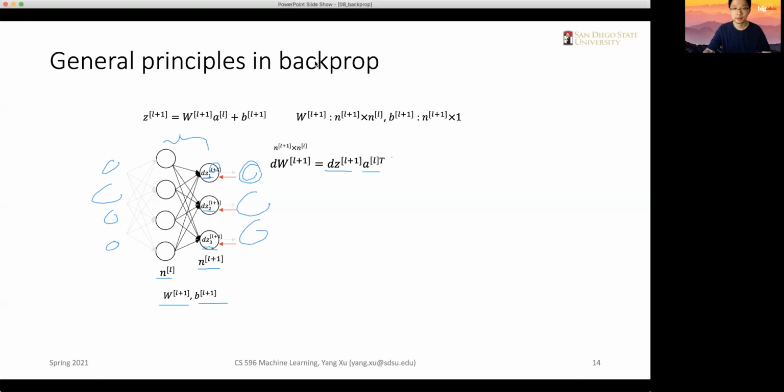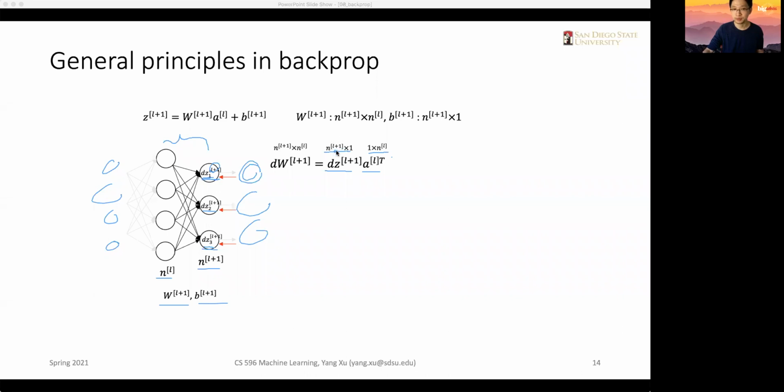Okay, so if you look at the dimensions: when you don't remember whether you should put DZ to the left or AL transpose to the left, you just need to check the dimensions. DZ is the gradient for the later layer, so its dimension matches ZL plus 1.